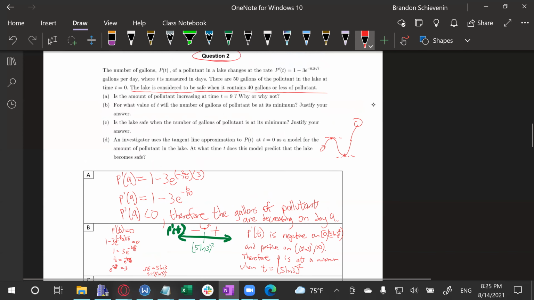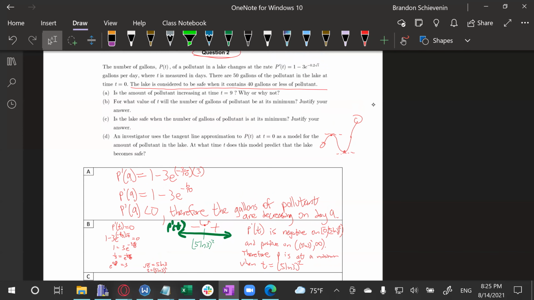Give me a second, she's typing. Okay, MP again, question is, how do we know whether the lake will be safe or not when the gallons is at a minimum?